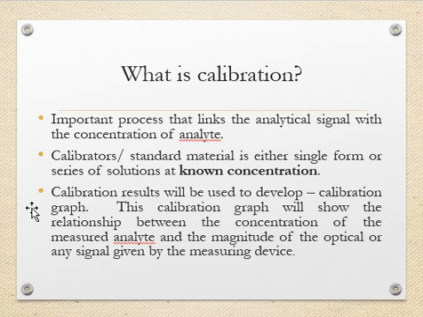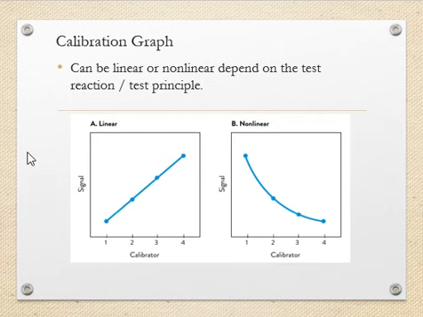This calibration graph will show the relationship between the concentration of the measured analyte and the magnitude of the optical or any signal given by the measuring device. The calibration graph can be linear or non-linear, depending on the test reaction or test principle.